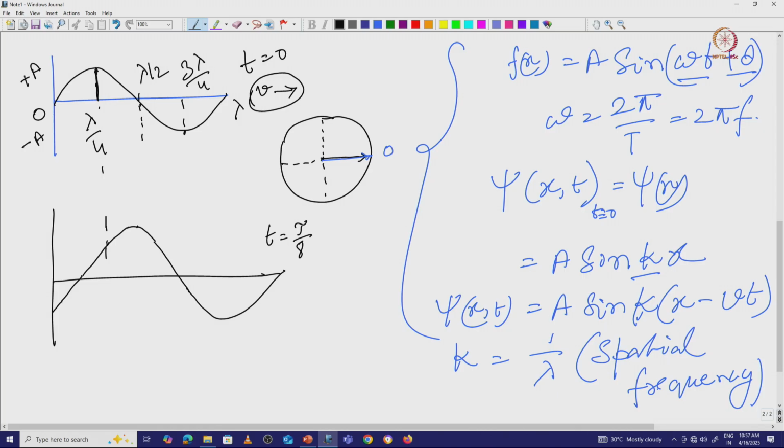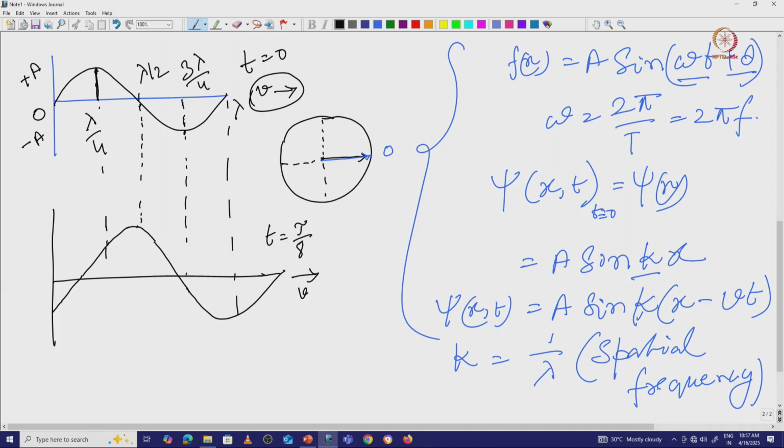You can see it is shifted somewhere here, and also the negative amplitude, whatever is the maximum, is also shifted in this direction. So there is a motion because of this time; the wave is moving in this particular direction with a velocity v, and there are some changes.